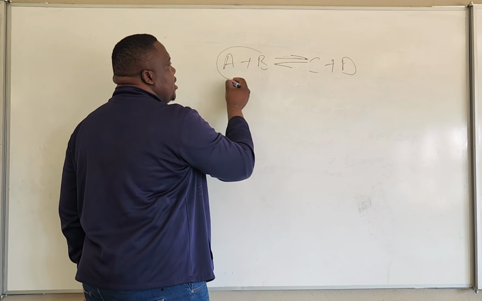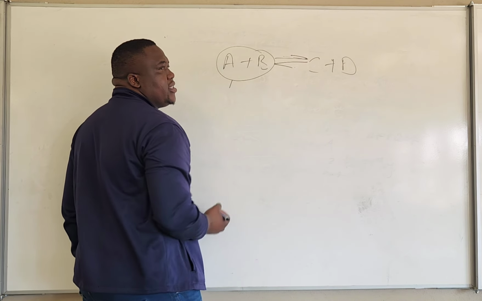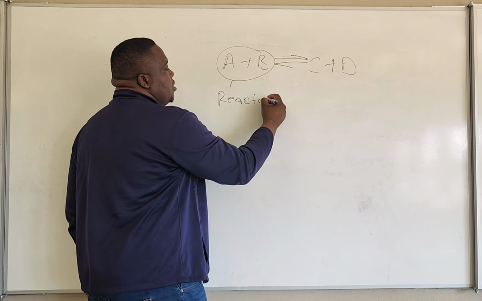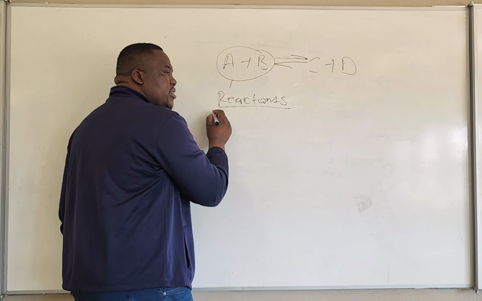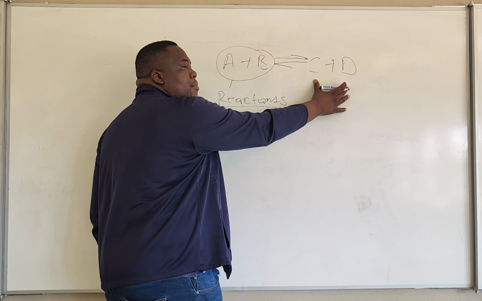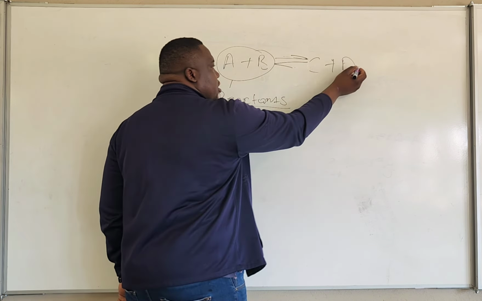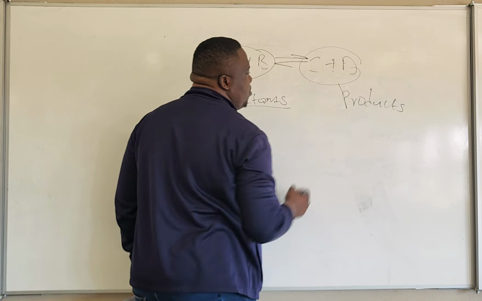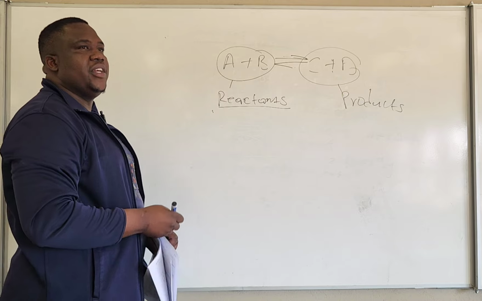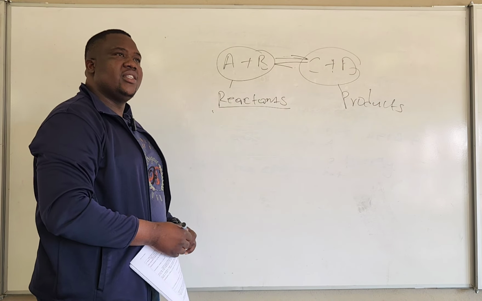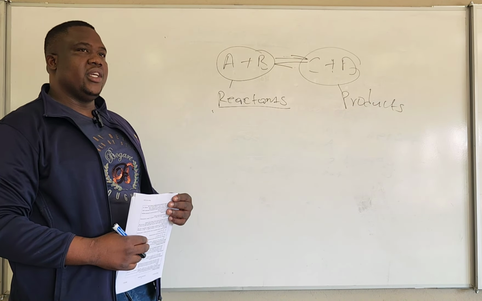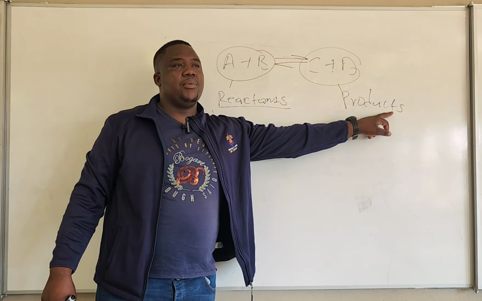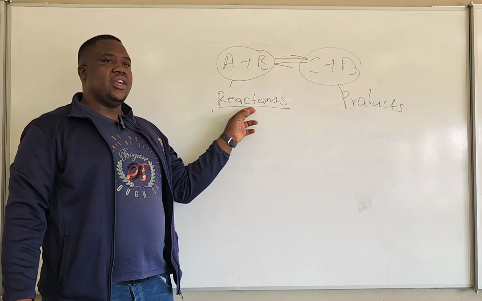The chemicals that we start with, we call them reactants. Then what we form by mixing the reactants is called products. So the definition of a reversible reaction says that a reversible reaction is the reaction where products can be converted back to reactants.